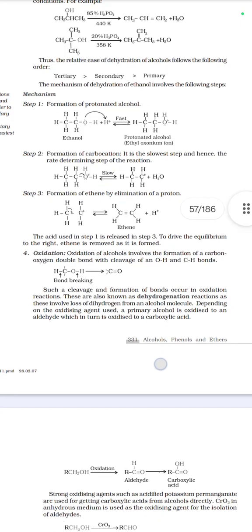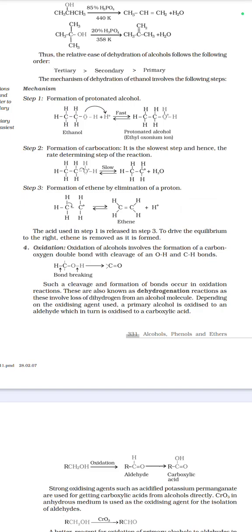Fourth, oxidation. Oxidation of alcohol involves the formation of a carbon-oxygen double bond with the cleavage of an O-H bond and a C-H bond. Such a cleavage and formation of bonds occur in an oxidation reaction. These are also known as dehydrogenation reactions, as they involve loss of dihydrogen from an alcohol molecule.